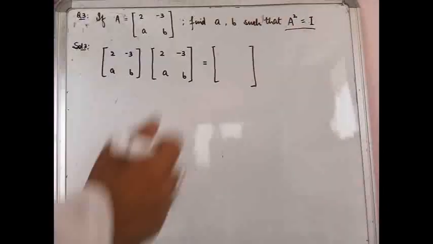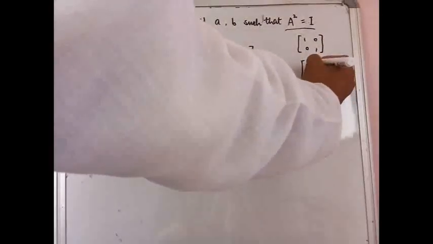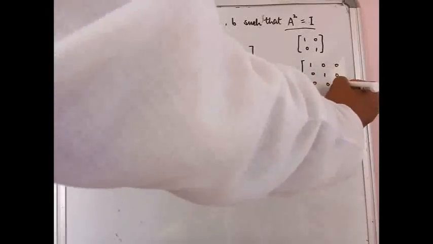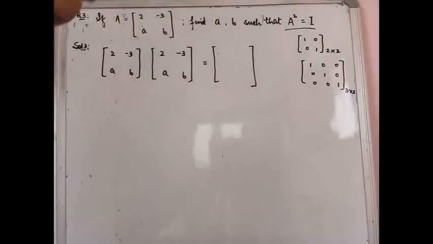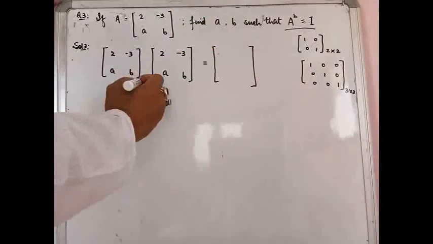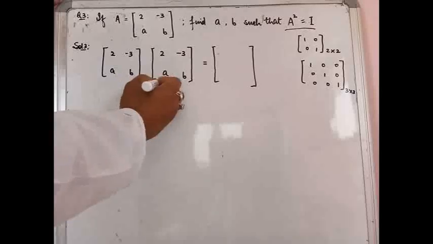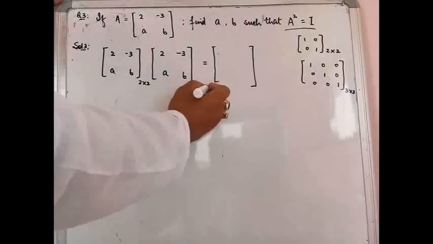Now this identity matrix can be 1 0 0 1 also. It can be 1 0 0, 0 1 0, 0 0 1 also. So it can be of order 2 by 2, or it can be of order 3 by 3. Which one do we select over here? That depends upon these two matrices. The order of both these matrices is 2 by 2.